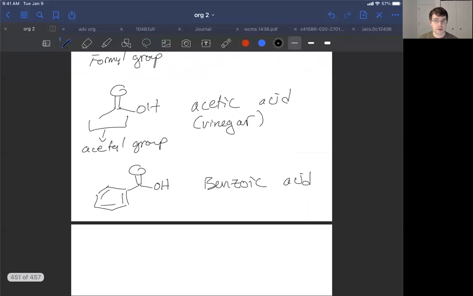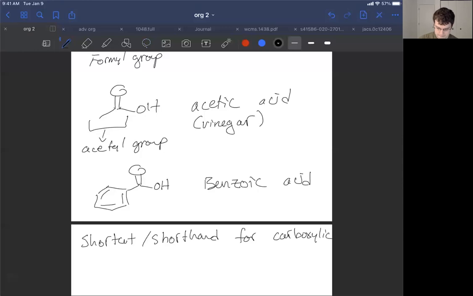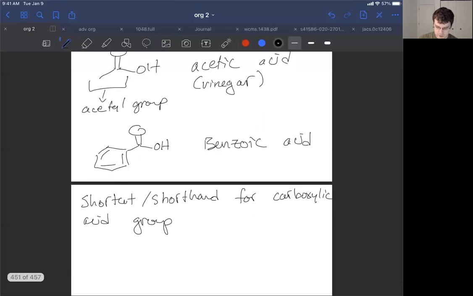Now, one thing I want to make sure I touch on fairly early, this is actually pretty important, maybe I should have led with this, is a shortcut or shorthand for the carboxylic acid group. What people will often do is, instead of writing R carbonyl OH, they will shorten this to RCO2H.